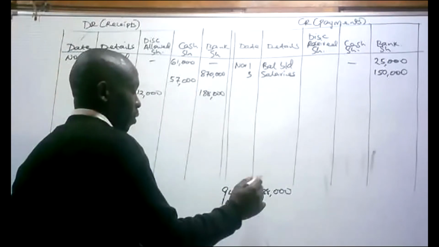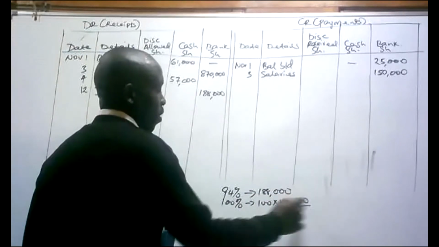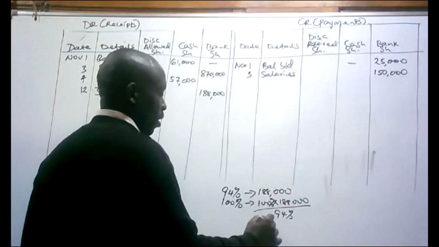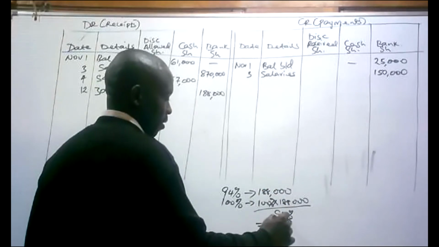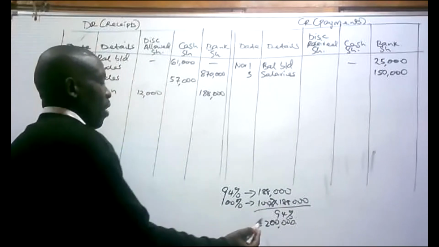So 100 times 188,000 over 94%. You will get 200,000. When it is 200,000, you deduct what he has paid.